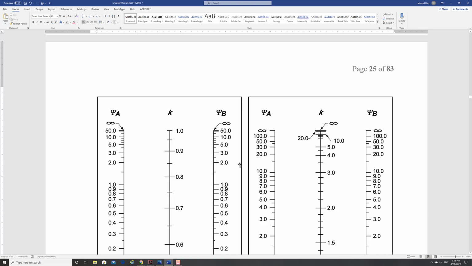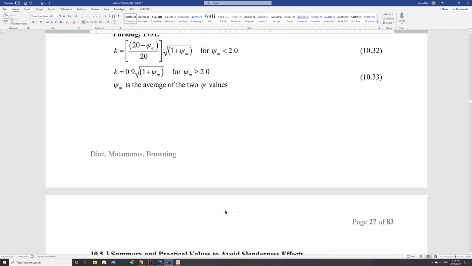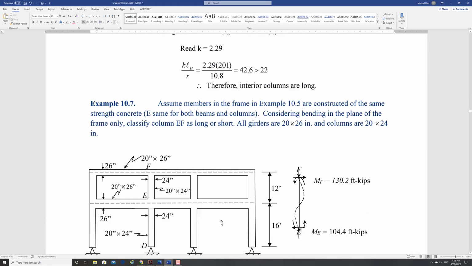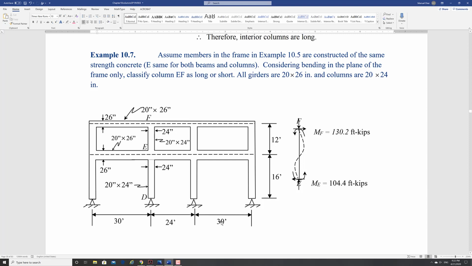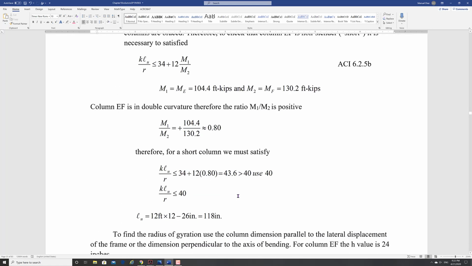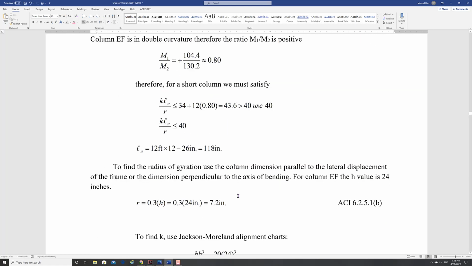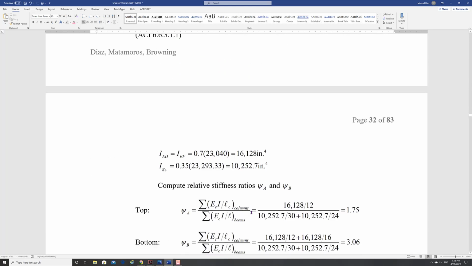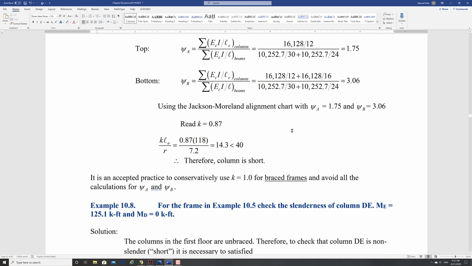So in other words, for a braced case, if I don't need to know exactly what the slenderness is, all I need to know is if it's slender or not, then I can save myself the headache of finding all that. All I need to do is simply assume a k value of 1.